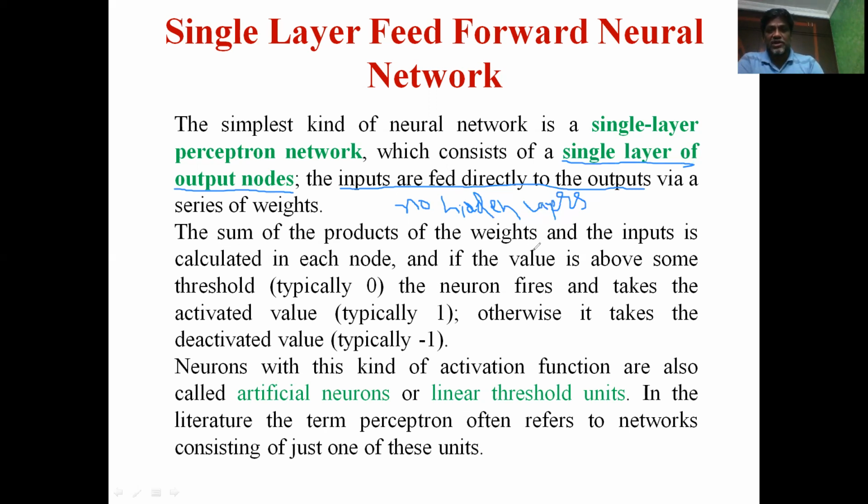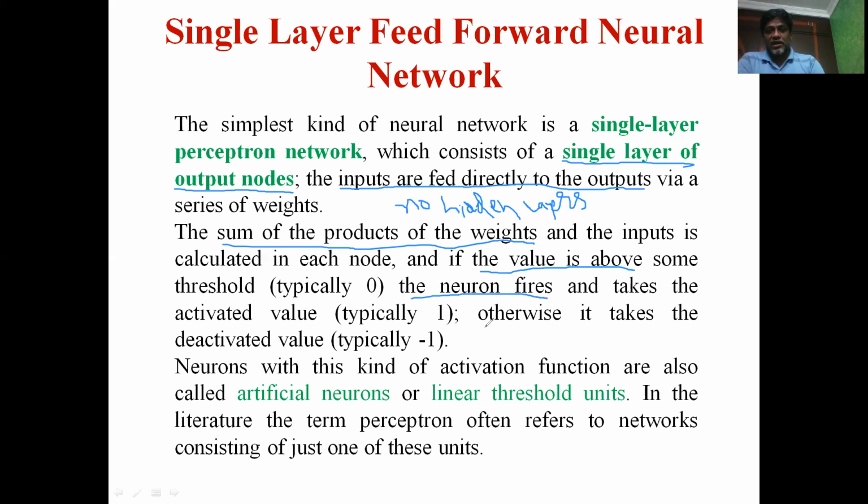Then how do you calculate it? The value of the neurons will be calculated as the sum of the products of the weights which are connected to a particular neuron. So at each neuron, the value will be calculated as the sum of the products, the multiplication of the weights, and then if the value is above some threshold, the neuron fires.